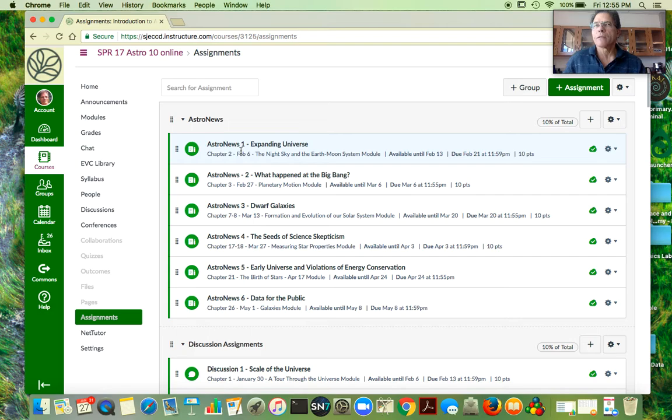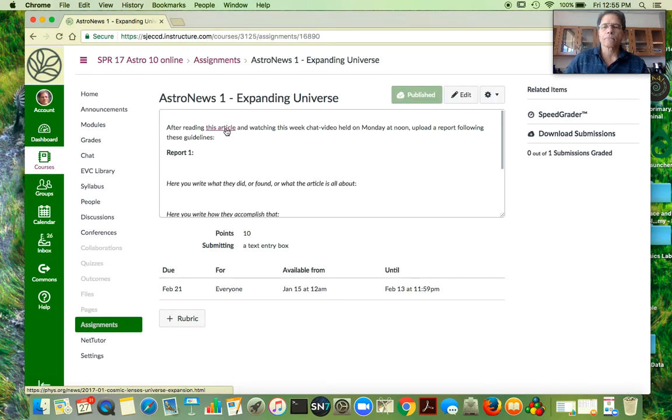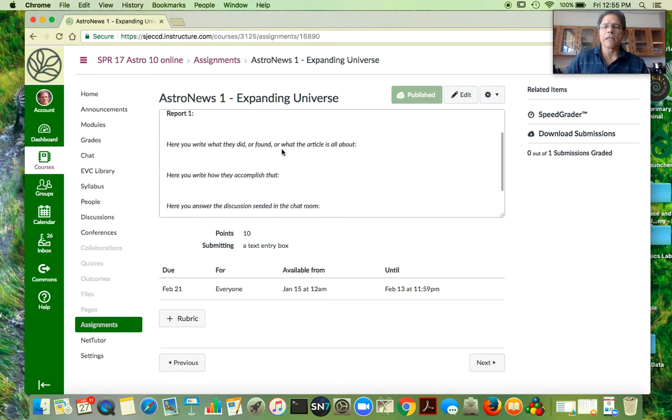They are news about what's going on with astronomy recently, and you're supposed to read it and upload a report. This report has a guideline. You have to write what the article is all about. You have to write how the scientists or astronomers or whatever group was responsible for the article did the research, what procedure they took.